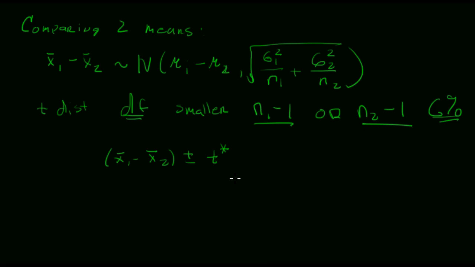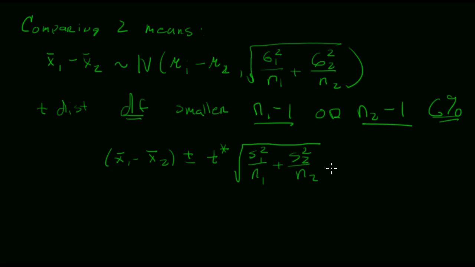And then times the standard error, which is going to be the standard deviation of sample 1 squared over n sub 1 plus the standard deviation of sample 2 squared over n sub 2, which are the sample variances, and then sum them and take the square root.